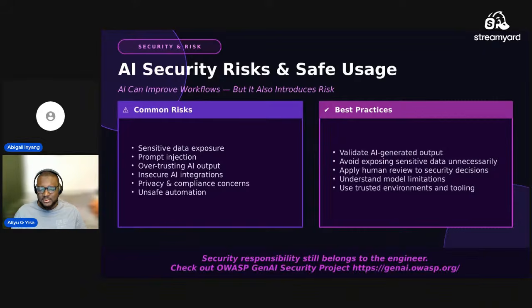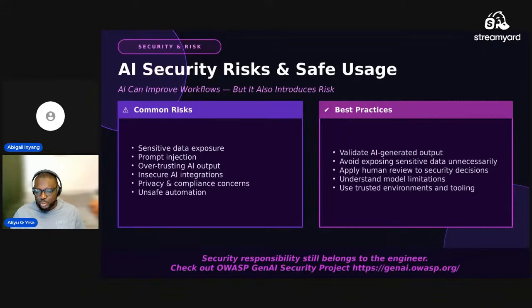When it's calling sensitive tools or running sensitive commands, make sure that you're actually reviewing it and not just pressing allow, right? And just understand the limitations of the model, understand what it's good at and what it's not good at, right? And try to use tools and environments that you actually trust.